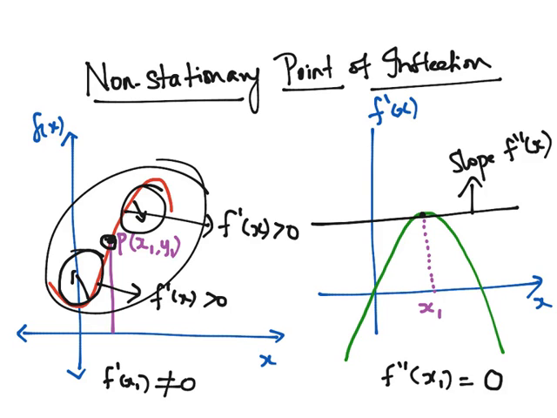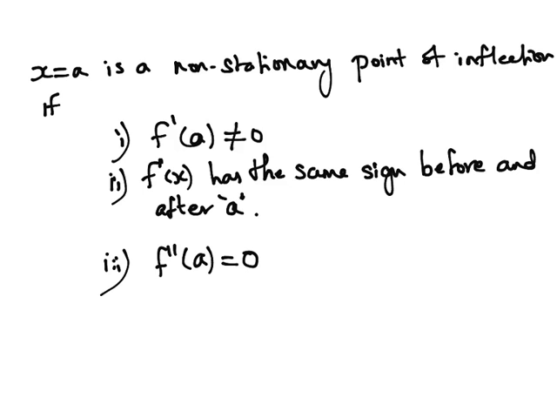So let me rephrase it. Okay, so x equal to a is a non-stationary point of inflection if these three conditions are satisfied. The first one is the first derivative, that is f dash of a is not equal to 0. That means the first derivative will not be 0 at x equal to a. The second one is f dash of x has the same sign before and after a.